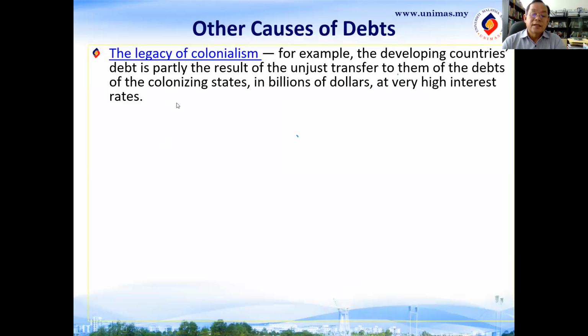It is the result of the unjust transfer of the debt to them by the colonizing states.